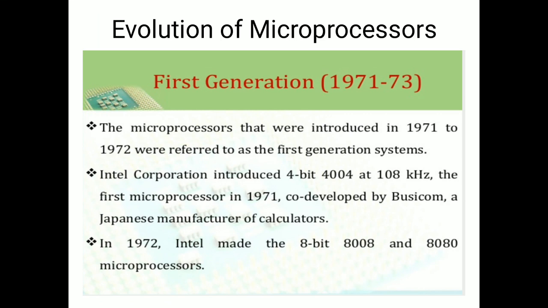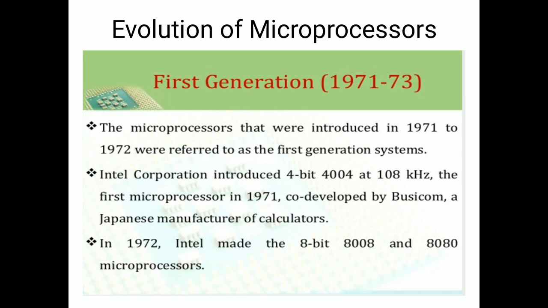They fetched the instructions, decoded them, and then executed them. The first microprocessor, the 4004, was introduced in 1971. It was co-developed by Busicom, a Japanese manufacturer of calculators, and Intel, a US manufacturer of semiconductors.